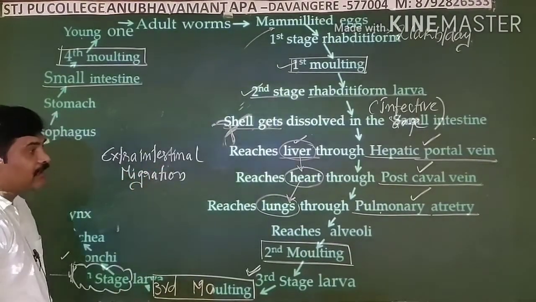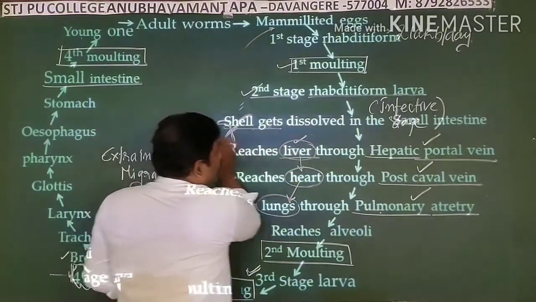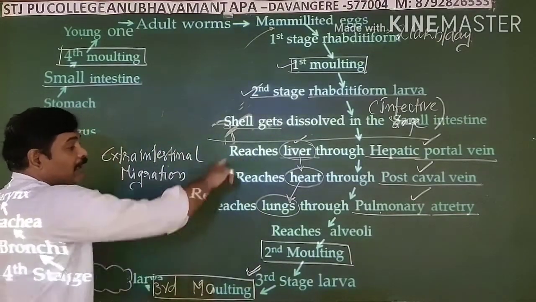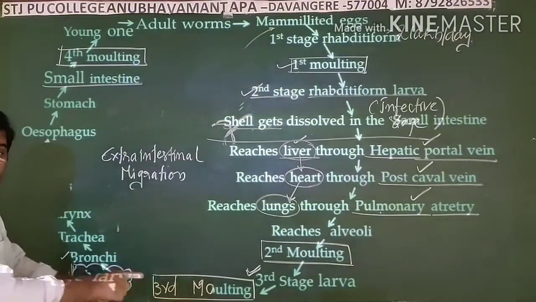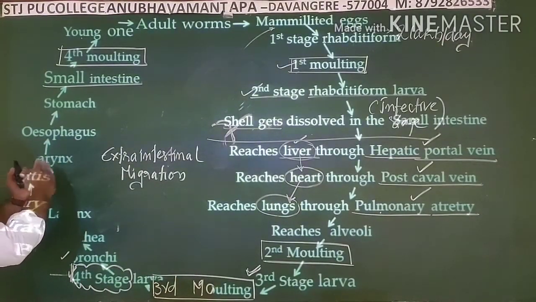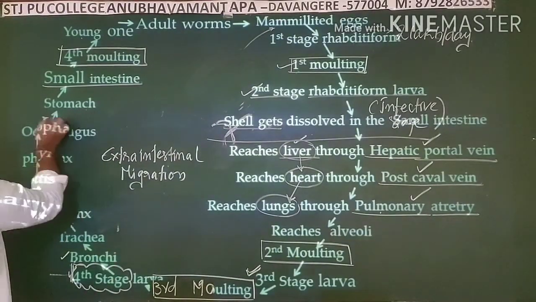From where it started, when it reaches your small intestine, from the small intestine it starts, enters the liver. From the liver, it passes through your heart, passes through your lungs, alveolus, thereafter bronchi, trachea, larynx, glottis, followed by the pharynx, esophagus, and the stomach.